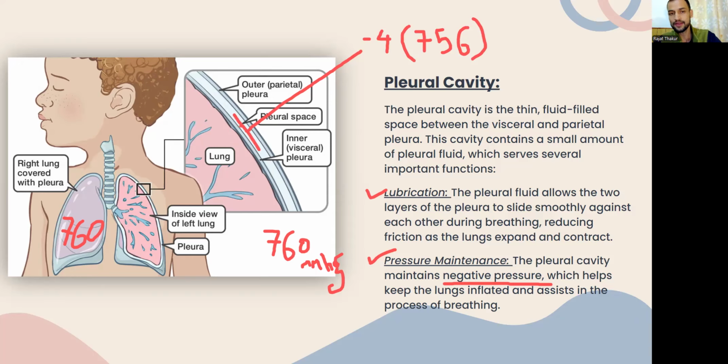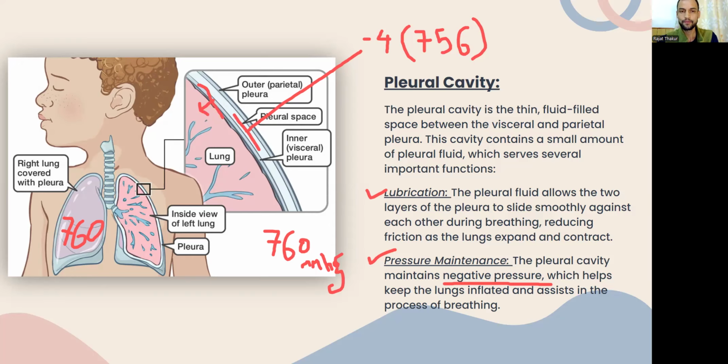And how does this happen? Firstly, the parietal pleura will tend to stick towards the lungs, which, if they are at 760 mmHg, will naturally deflate because they are like deflating balloons.